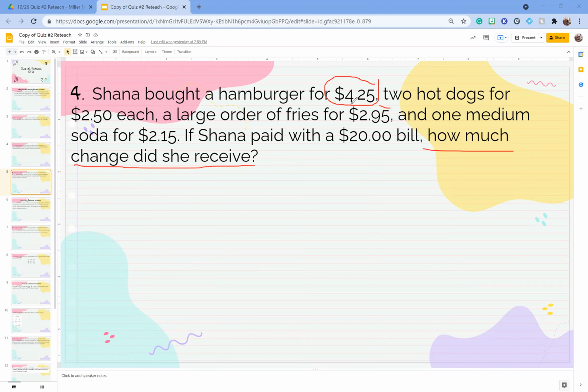425, 295, 250, 215, and 20. She bought a hamburger, so we're only going to have that once.